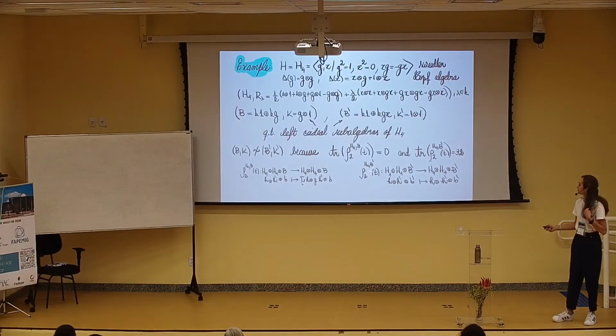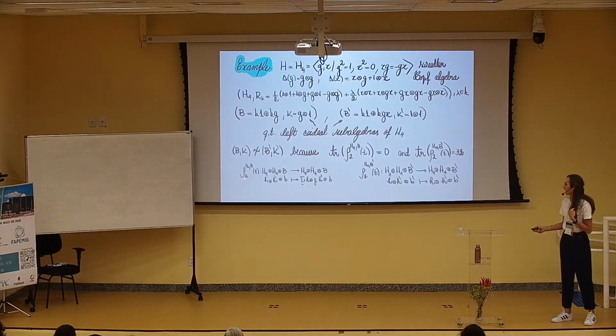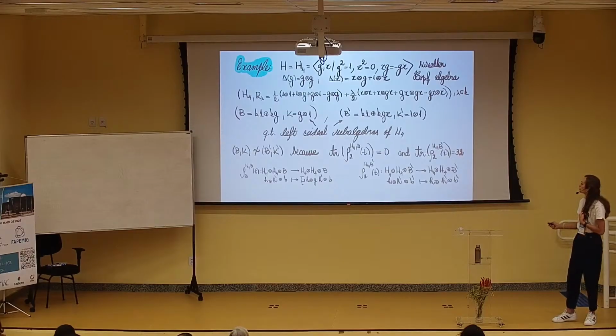This is just a linear transformation. I'm picking n equal 2 and these b's, right? These ones. And this is the identity matrix with dimension 32. So the trace is 32. So they are not equivalent.